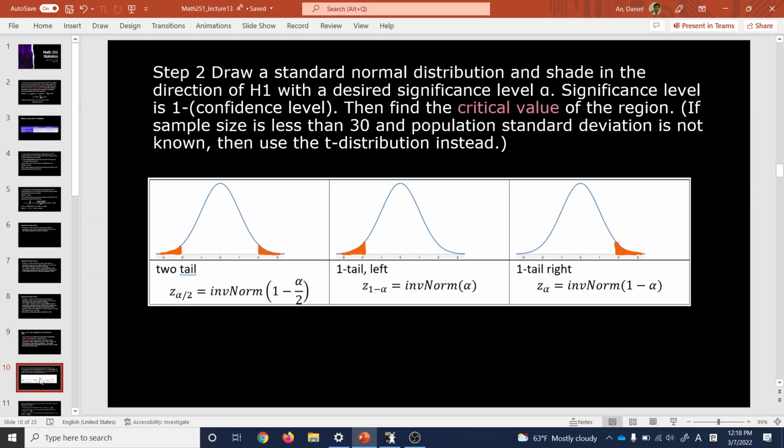All right, step 2. After you figure out whether you want the two-tail or the left or right, you have to draw the normal curve and shade the region. Shade the direction of H1.